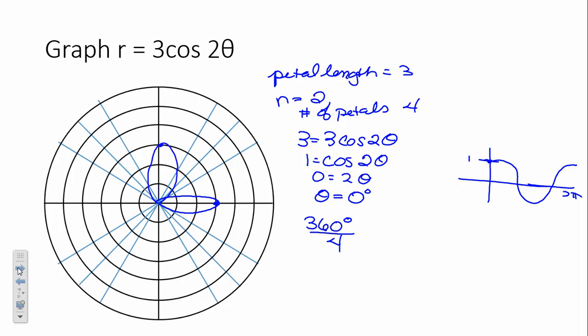Another one at 180. And then one more at 270. Because we had a total of 4 petals. So you take your 360 and divide it evenly among all your petals.